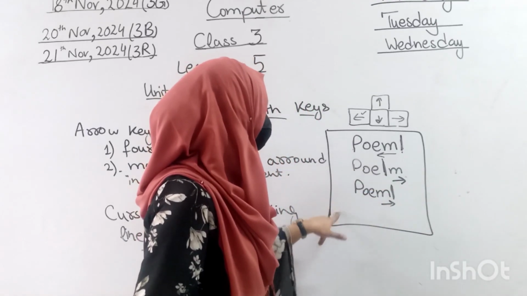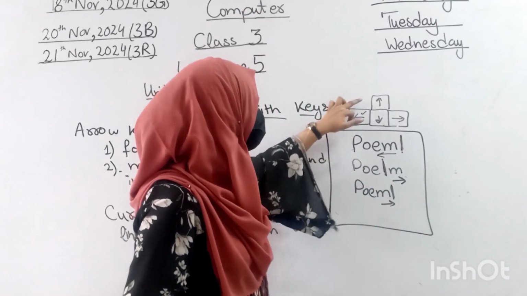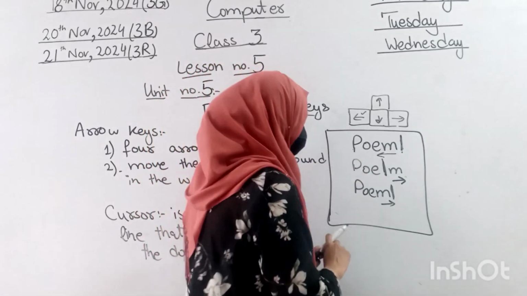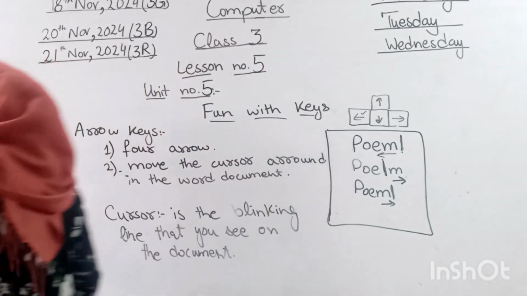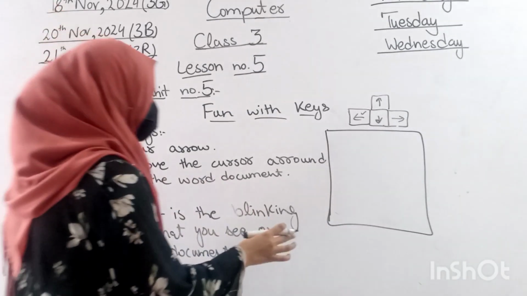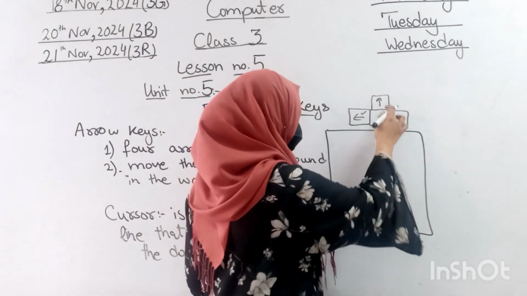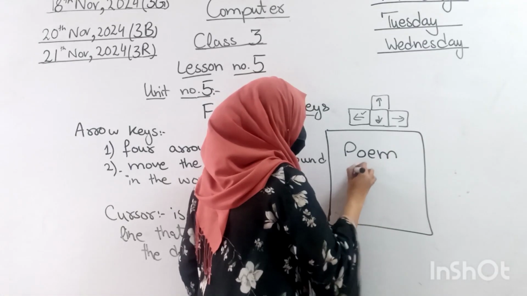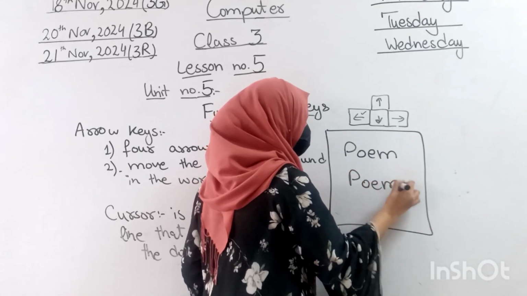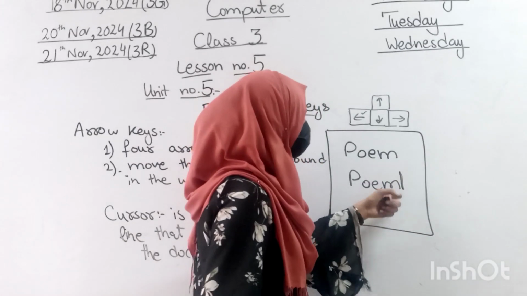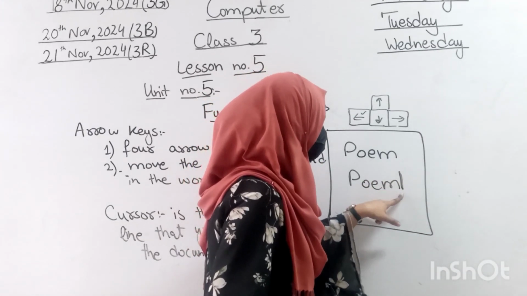As well, if you want to move your cursor from bottom to the top, let me show you. So this is your Word document, and this is the point. Your cursor is here. You want to move it from the bottom to the top.